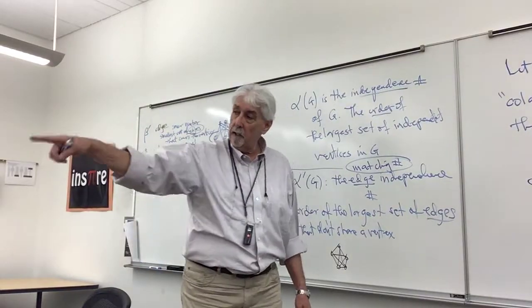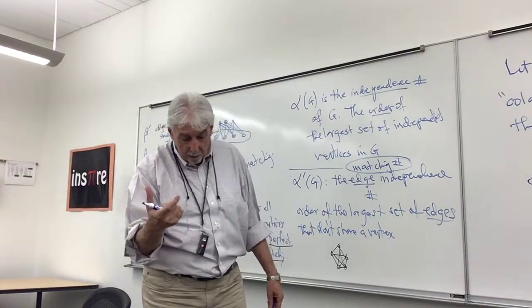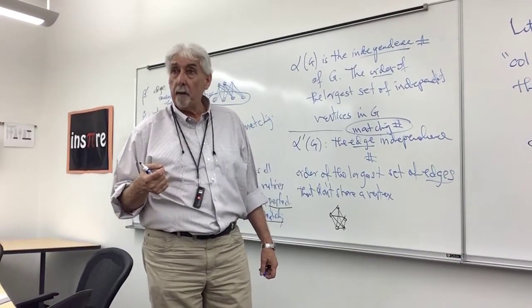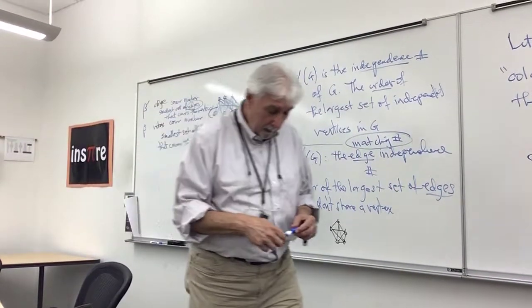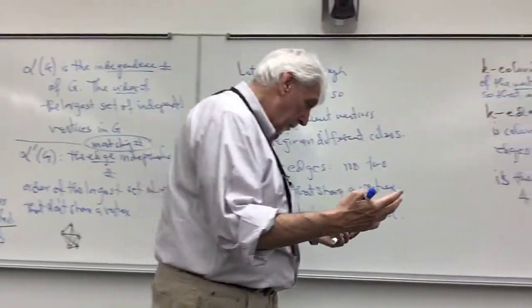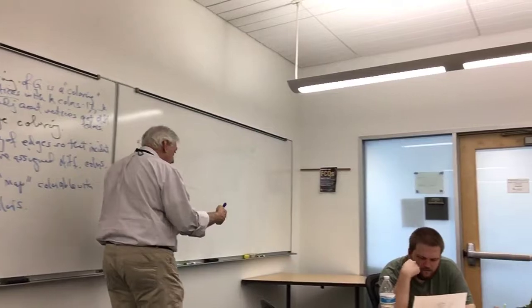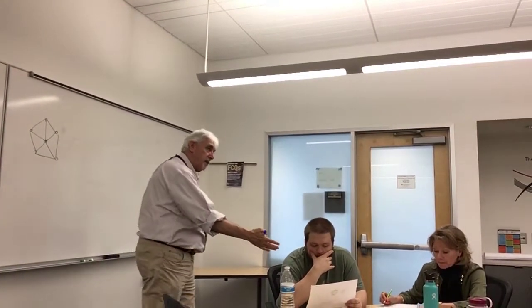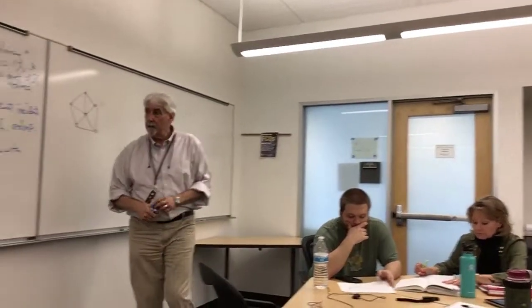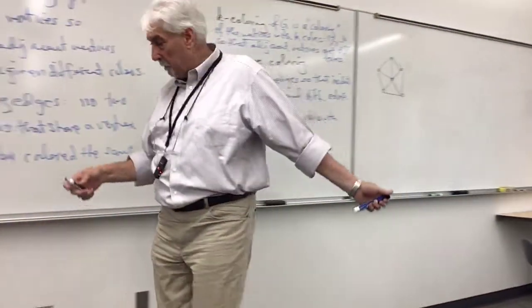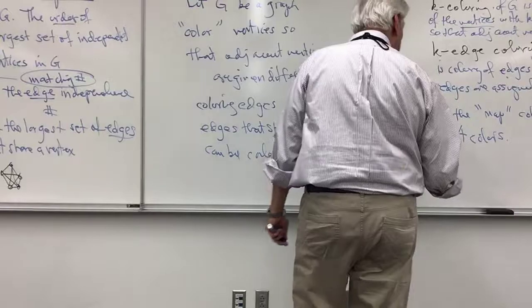And then you want to color the vertices of the graph so that no two adjacent vertices are given the same color. And this is the result that I've talked about a couple times, that if we construct graphs in that way, based on maps, then every such graph can be 4-colored.